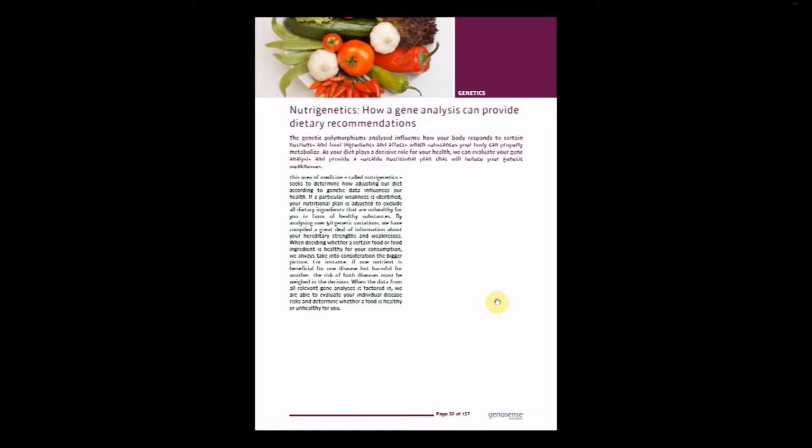We test your genes, find out what your personal needs are, what you should avoid, and then we make a list of types of food where we tell you this is good for you to eat and this is bad for you to eat. And by just following, eating more of the good stuff, eating less of the bad stuff, you will do the best you can to supply your body with exactly the nutrients that it needs, and you avoid substances that it really can't work with.